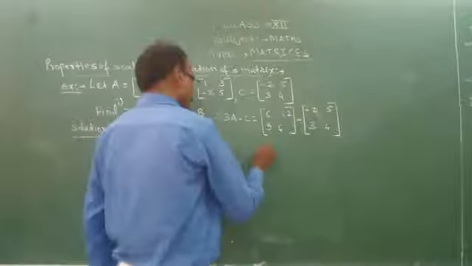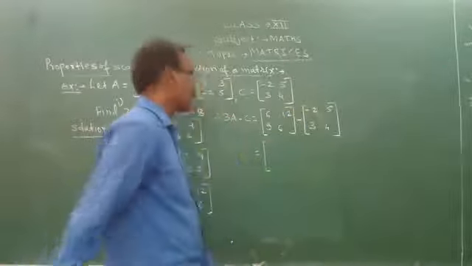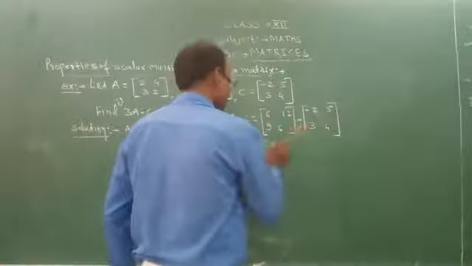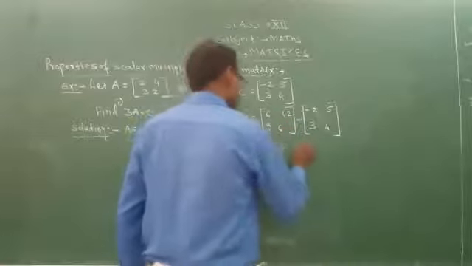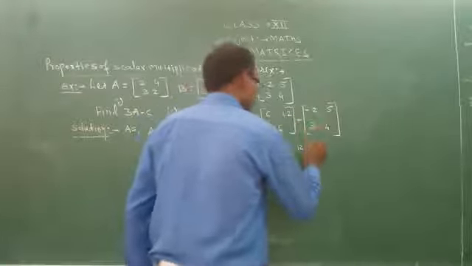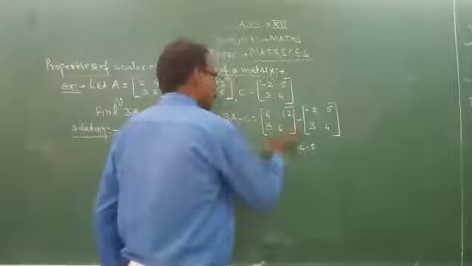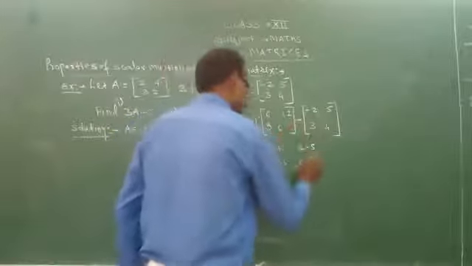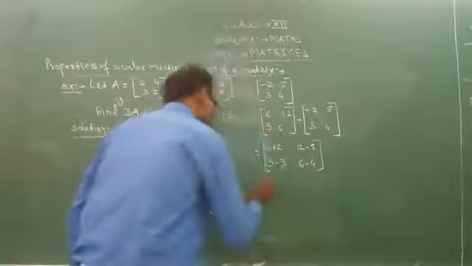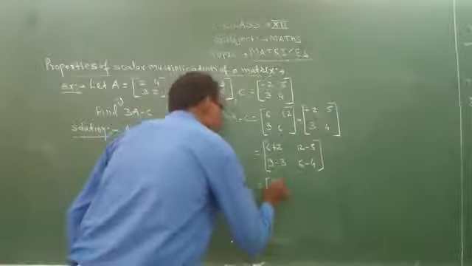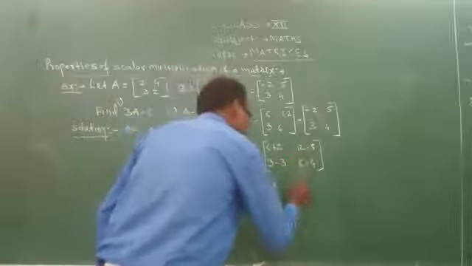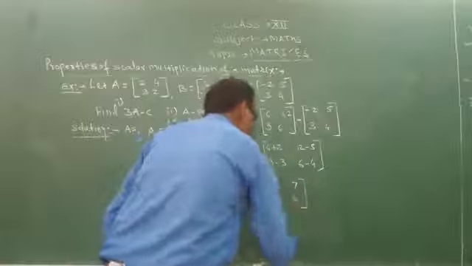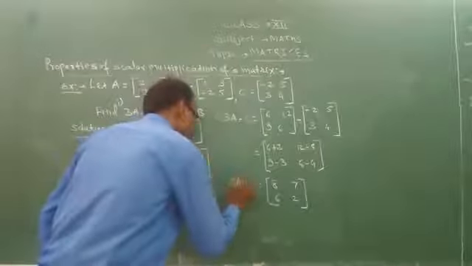This is the subtraction of two matrices. 6 minus minus 2 is 6 plus 2, 12 minus 5, 9 minus 3, 6 minus 4. That equals 8, 7, 6, 2. So this is the value of 3A minus C.